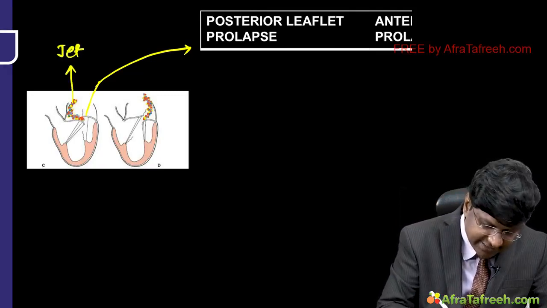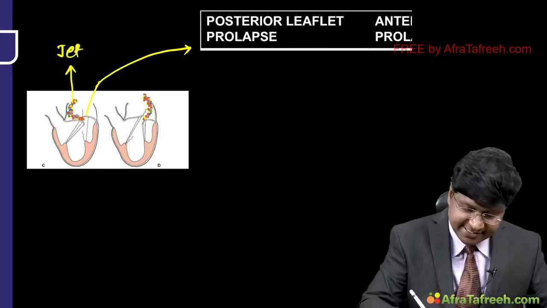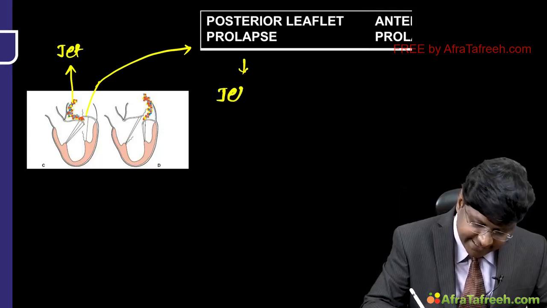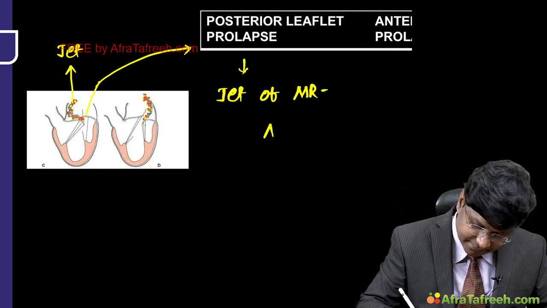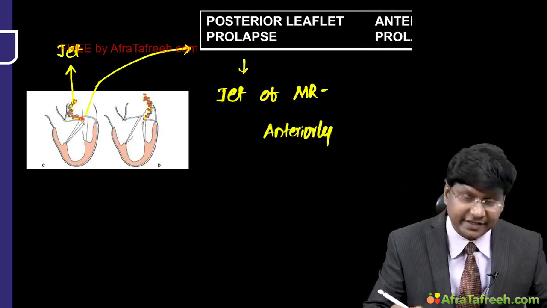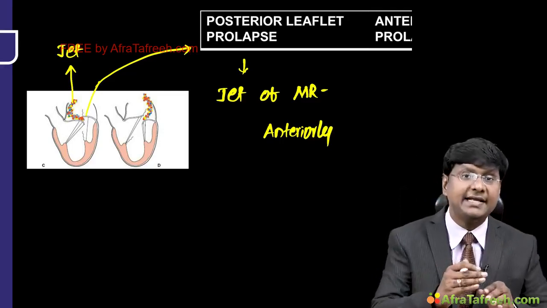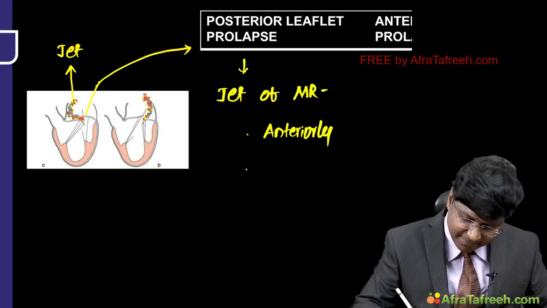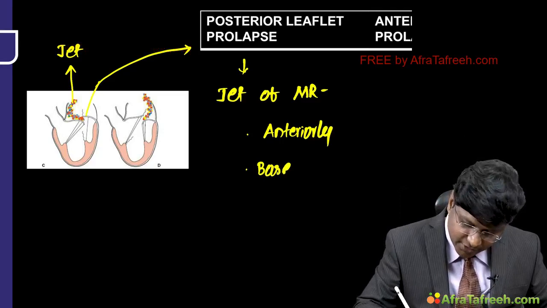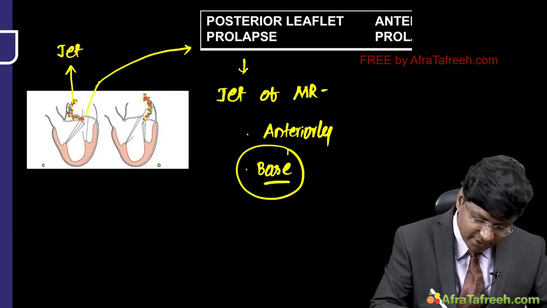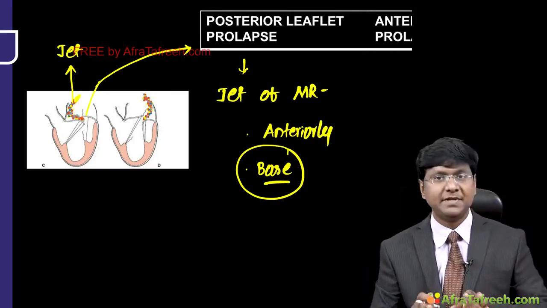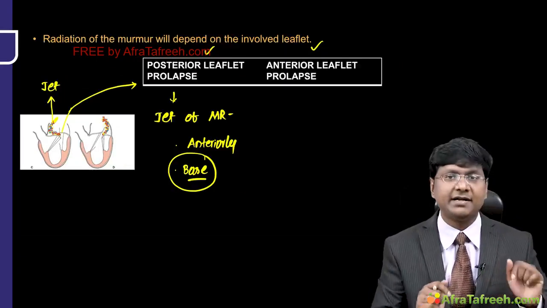The jet of the MR is directed anteriorly, and the murmur will radiate to the base of the heart when the posterior mitral leaflet is being prolapsed.